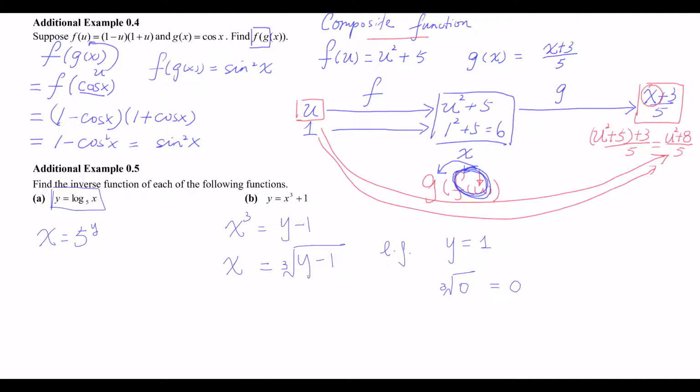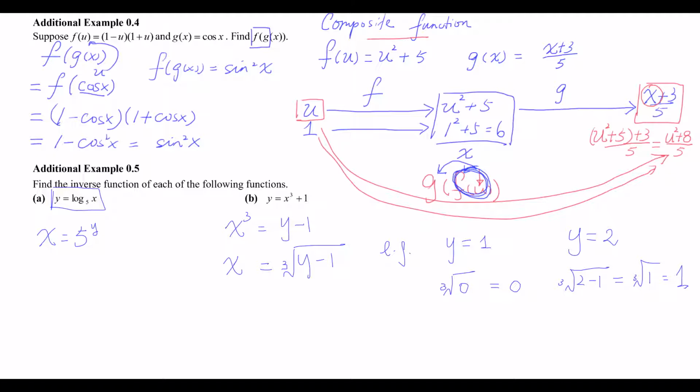You can further verify by putting in other values for y. If y equals 2, then I have 2 minus 1, and taking the cube root of 1, there is only one value.